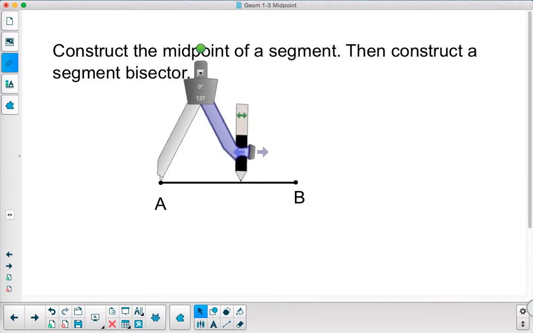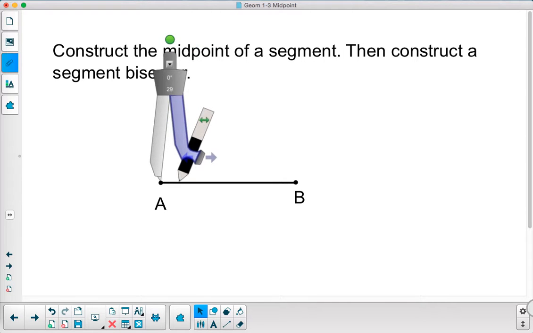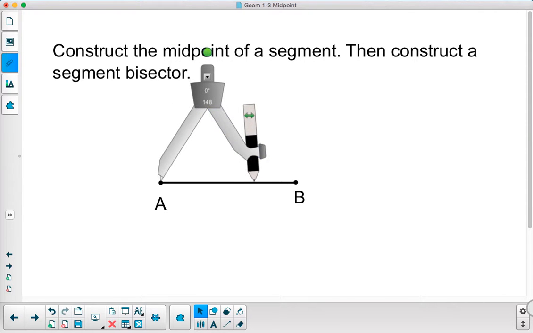Then you will open the compass a distance that you estimate is more than half of the length of that segment. In other words, open it up more than where you think the midpoint's going to be. If you want to go all the way to the end of the segment, that's fine, but you need to go past where the midpoint's going to be.